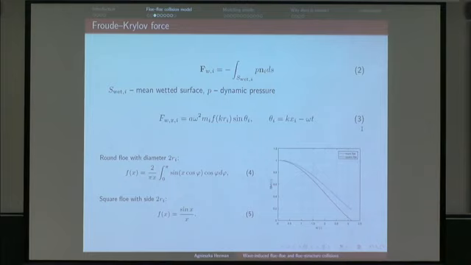And the overall shape of this function is that we have values close to 1 for kR close to 0. So this reduces this formula to the one valid for small objects moving on waves. And when we increase the floe size or decrease the wavelength, we obtain lower values.